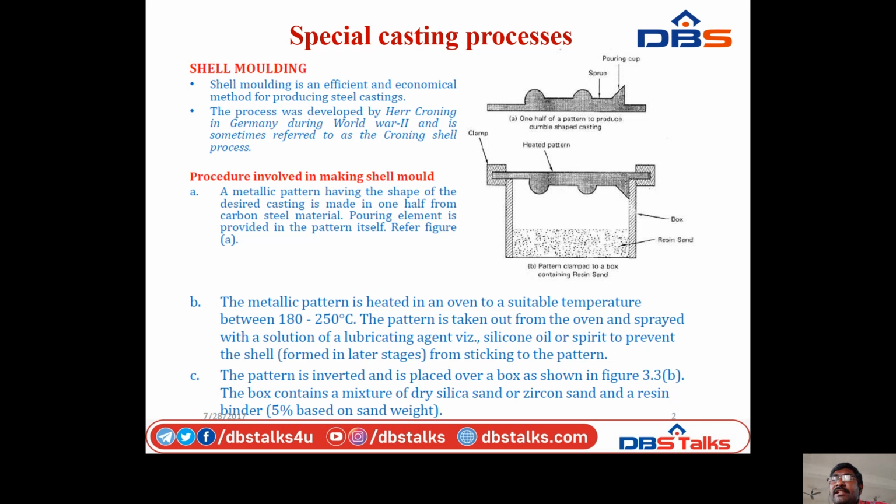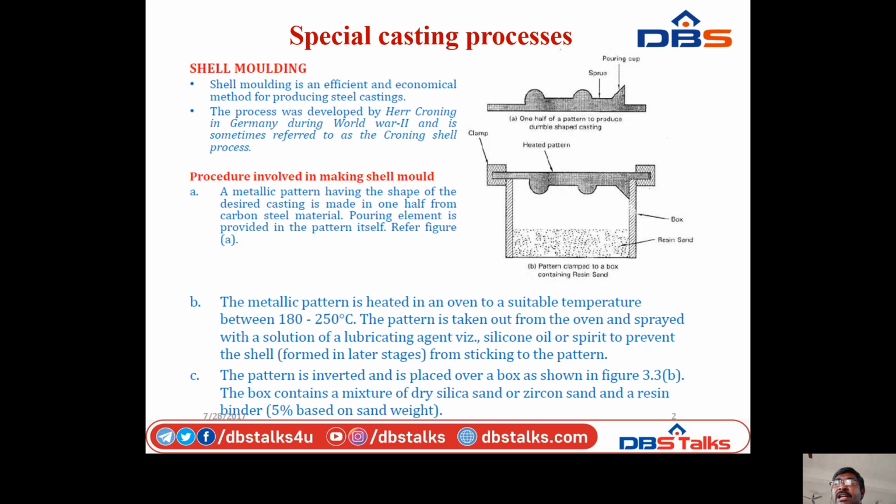The pattern is taken out from the oven and sprayed with a solution of lubricating agent such as silicone oil, to prevent the shell formed in later stages from sticking to the pattern.